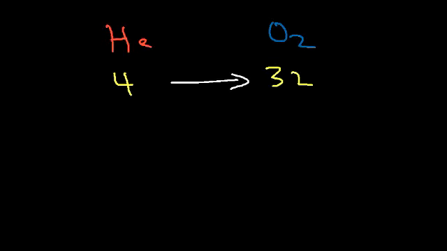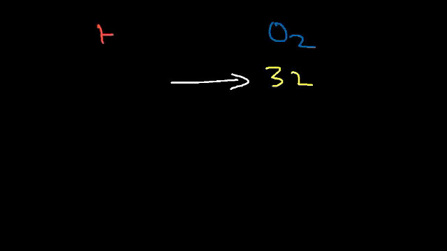So let's compare two gases. Let's look at helium gas and oxygen gas. Helium has an atomic mass of 4 grams per mole, and oxygen is 32. Actually, instead of using helium, let's use hydrogen gas.